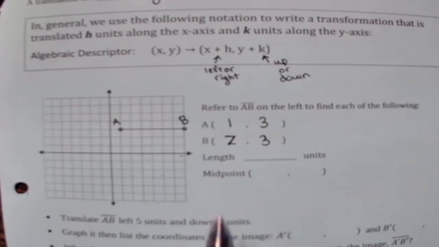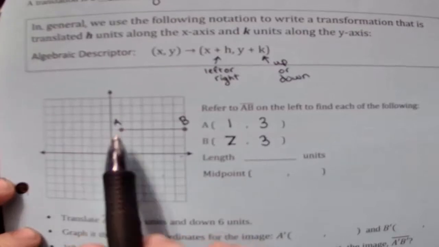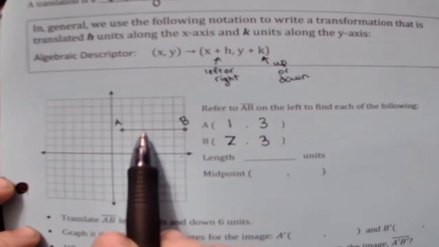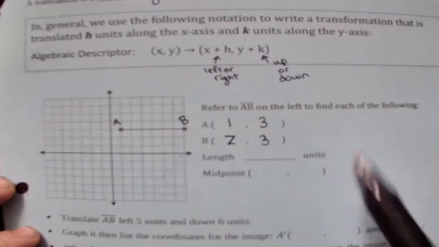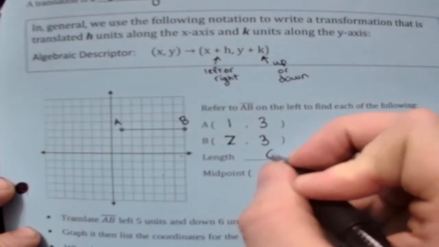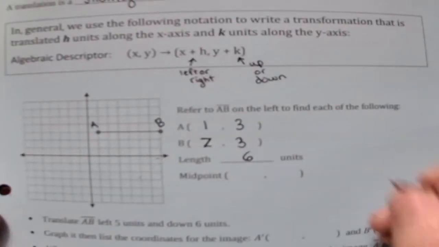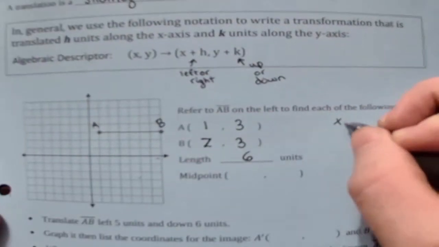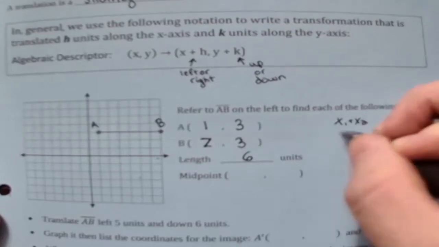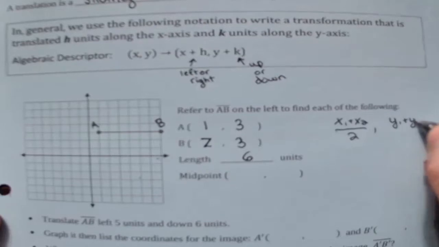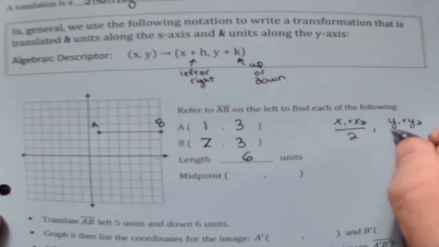Now the length, instead of having to use distance formula, we can just count since it's a straight line like this. So 1, 2, 3, 4, 5, 6. It is 6 units in length. Now midpoint was one of the things from the very first unit. If you don't remember the formula for it, it's x1 plus x2 divided by 2 and y1 plus y2 divided by 2.